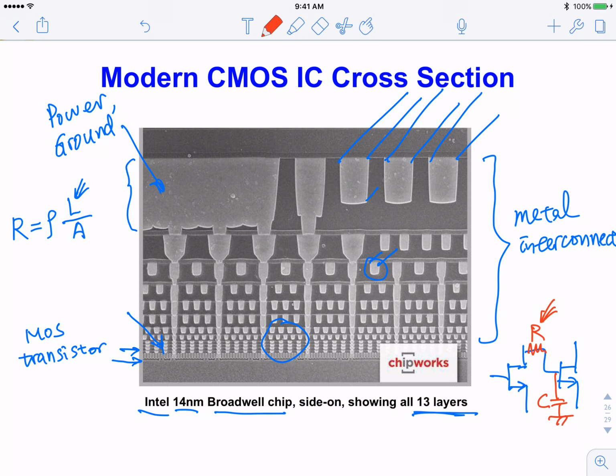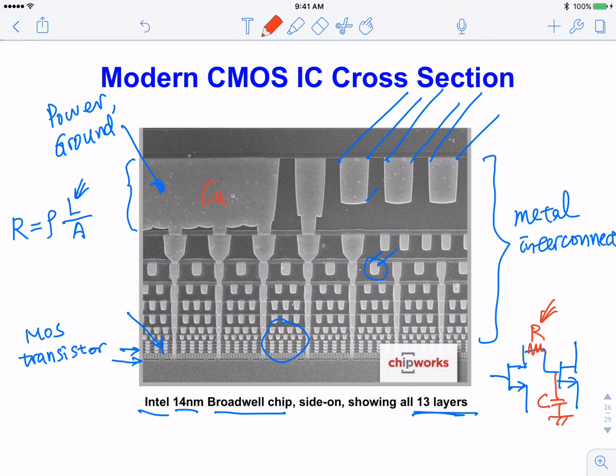And that explains why in the early days, these were all aluminum. And in modern day, guess what this metal is? What has higher conductivity? Copper, yes. So a lot of them are copper. Gold has better conductivity, but we say no gold. Gold kills everything.